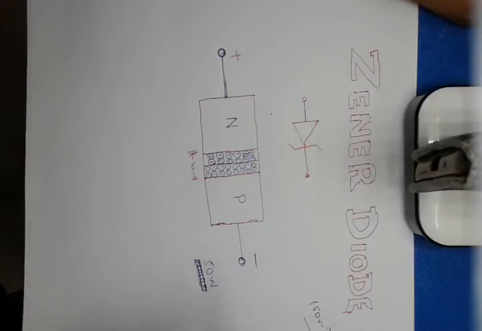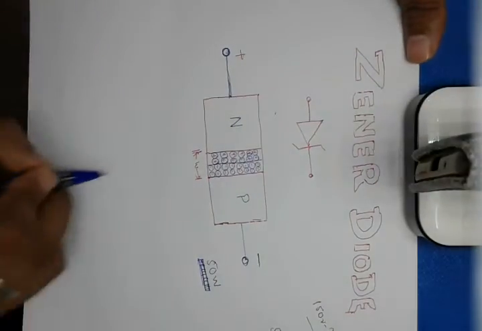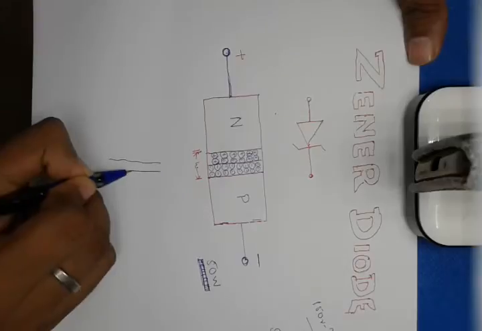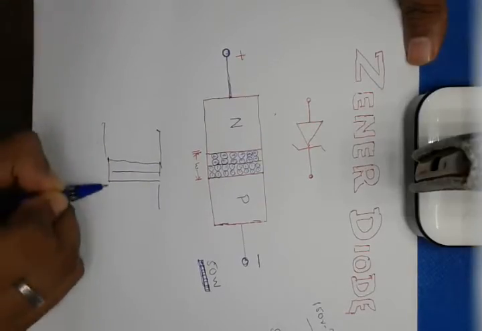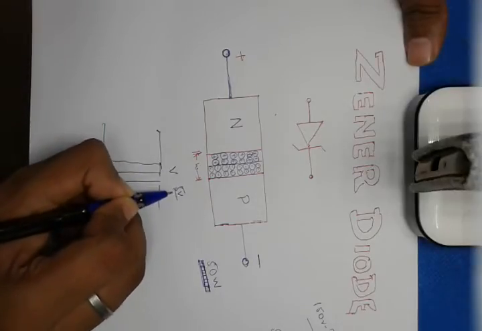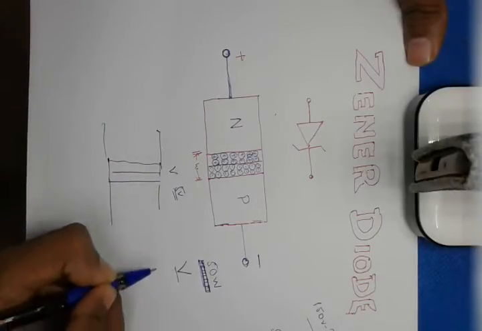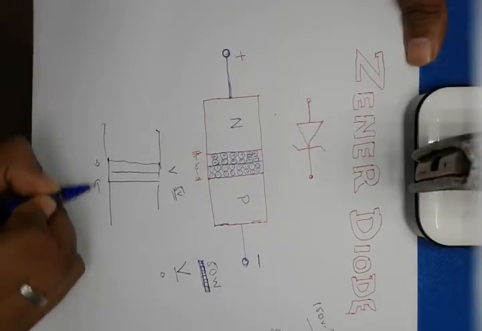We need just 5 volts to 12 volts. How does that happen? Because of the narrow channel we have, between that channel we have a voltage, suppose 5 volts, but with less width.